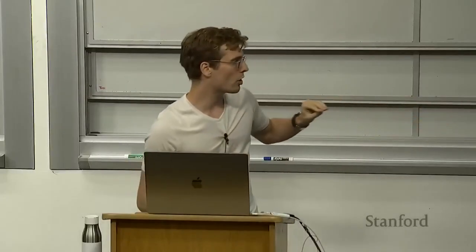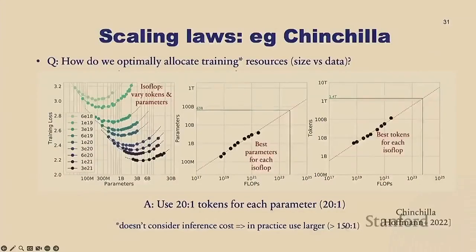So if you consider the inference cost, other papers try to show that it's around 150 tokens per parameter, because you prefer having a smaller model, since over time you'll spend less money on inference of these models. So 150 to 1 is around what the best models are trained on right now, at least the ones used in practice in production.